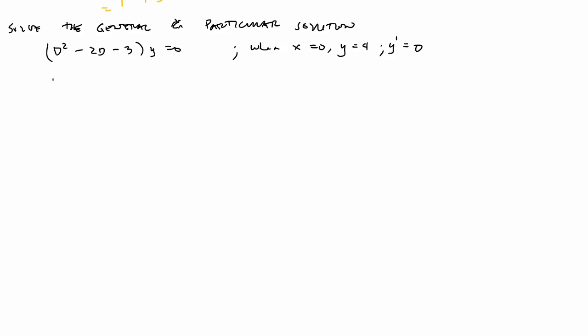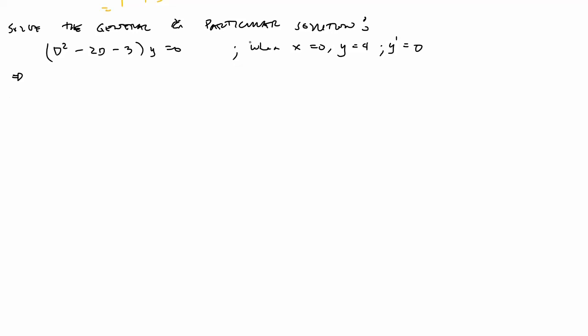Here's another example for our linear homogeneous differential equation. Solve the general and particular solution of this given differential equation, but this time it's also in terms of the differential operator: D squared minus 2D minus 3, applied to y, is equal to 0.